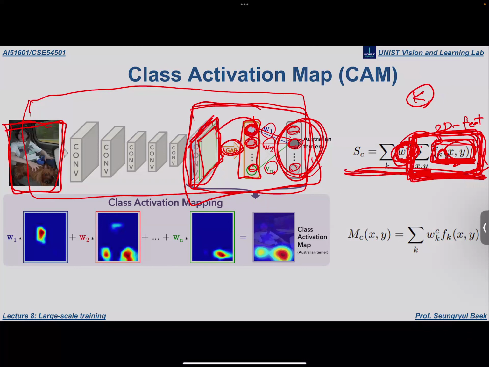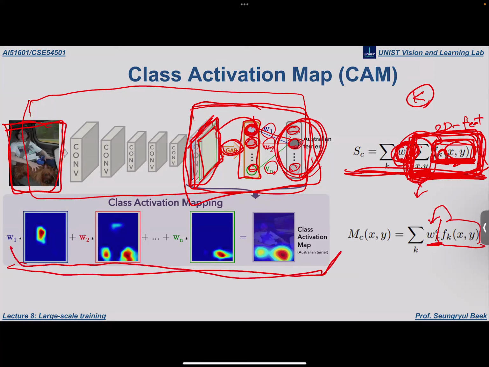But originally there was the pooling layer here; by removing the pooling layer and directly multiplying this weight, this can be visualized like this. So this is Fk(x, y), maybe F1, this would be F2(x, y), this is Fn(x, y). We can multiply each weight and then sum to obtain this kind of Mc.